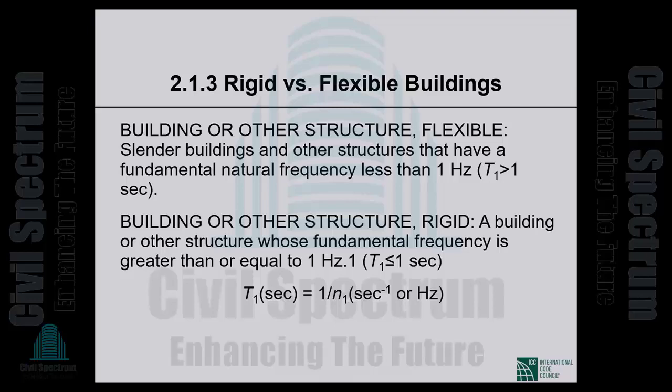And we are talking about the elastic fundamental period, the first mode period. So a flexible building has a fundamental period larger than 1 second, and a rigid building has a fundamental period less than or equal to 1 second. So up to 1 second period, it is a rigid building. Beyond 1 second period is a flexible building.